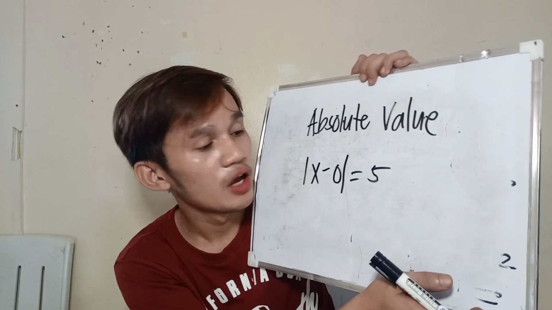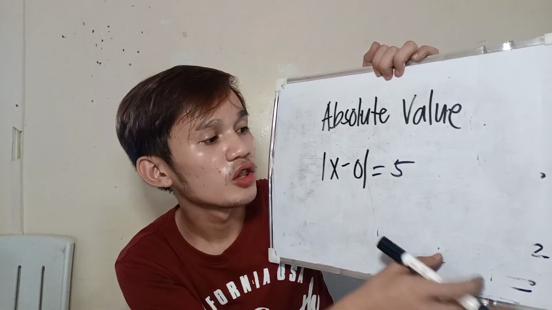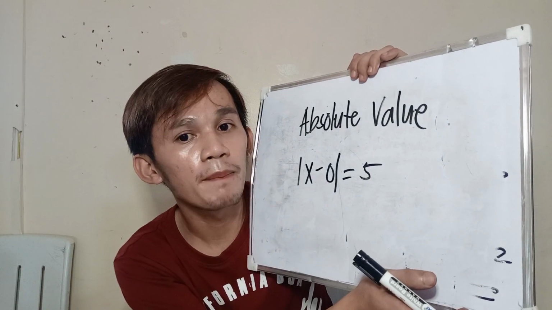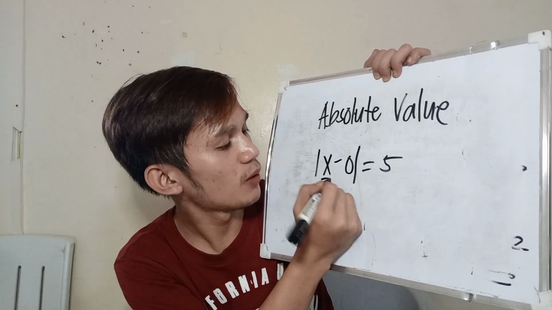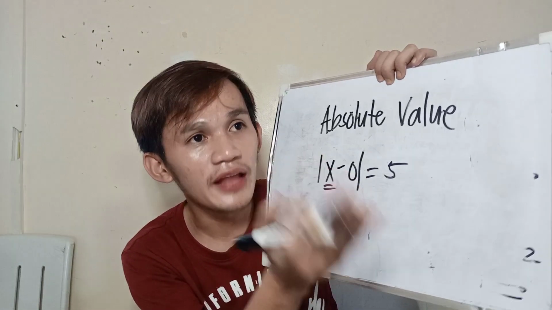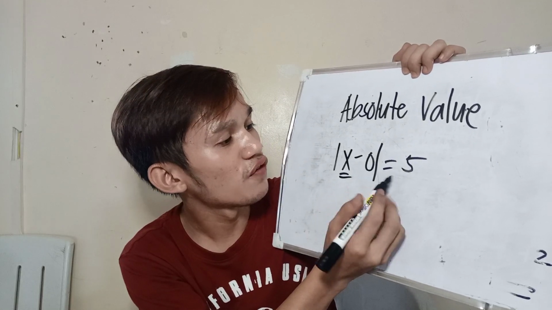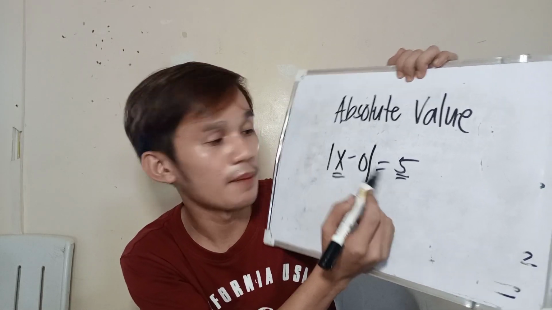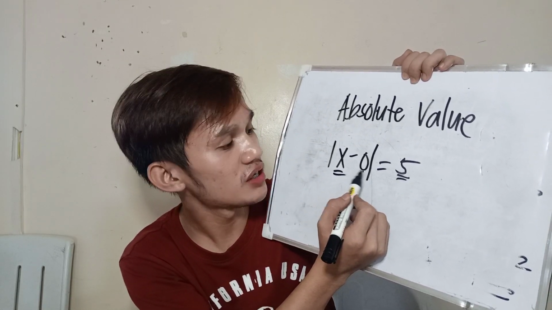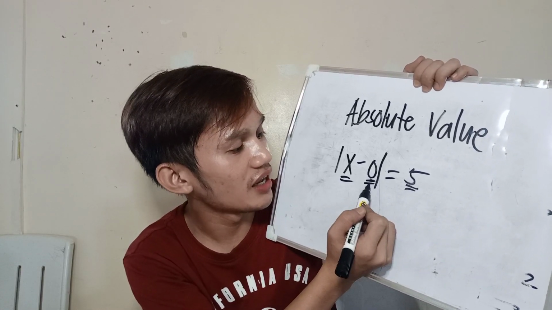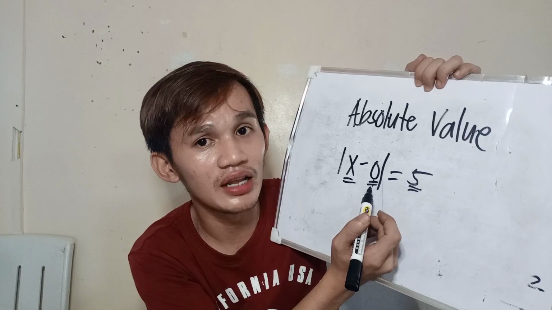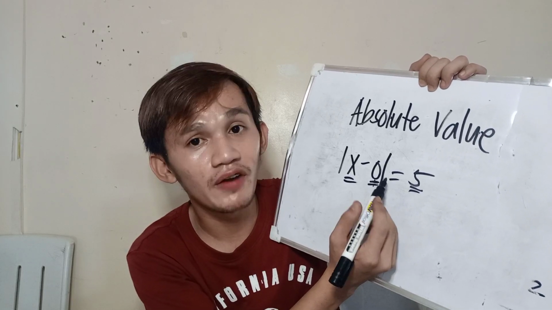That means you are going to get all the possible values of x, all numbers that are 5 units away from 0, because this is our reference point. So whatever number is inside this absolute value, that is definitely the reference point.